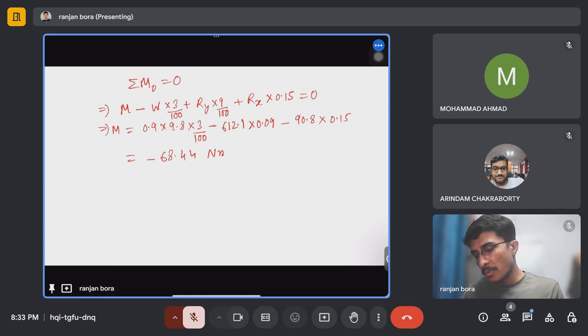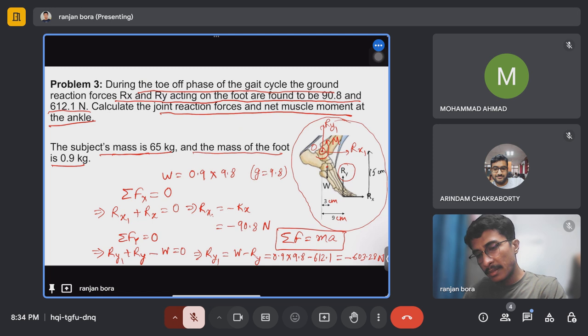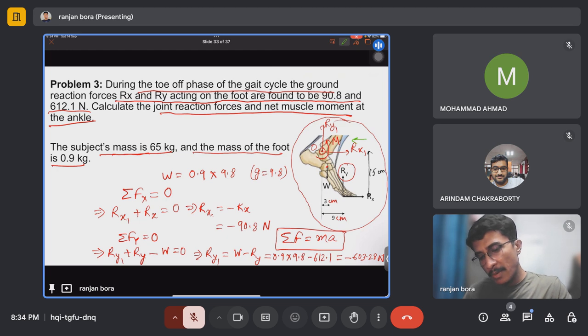So we are getting a minus, which means whatever direction we assumed, it will be in the opposite direction. For all the reaction forces Rx1 and Ry1 we are getting minus, so Rx1 will act in the opposite direction, Ry will act in the downward direction, and moment M will be in the clockwise direction.